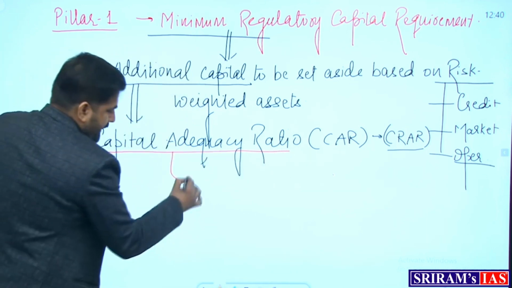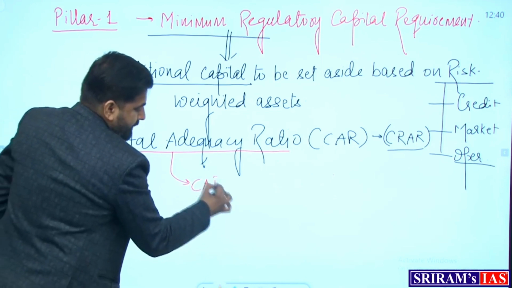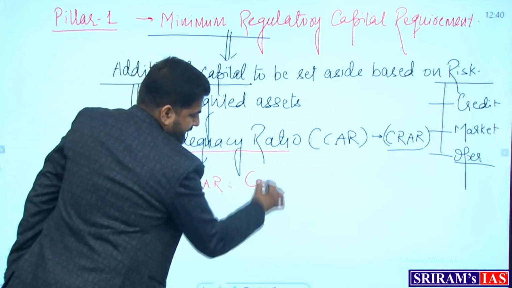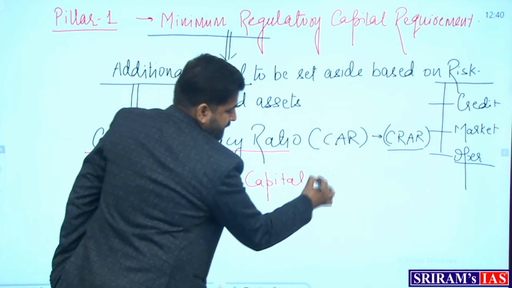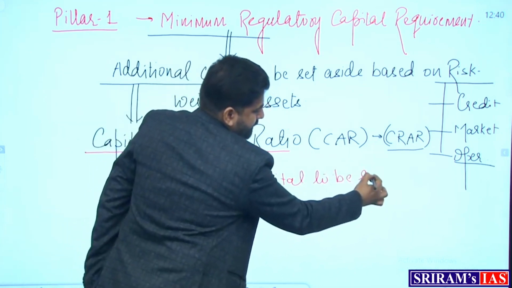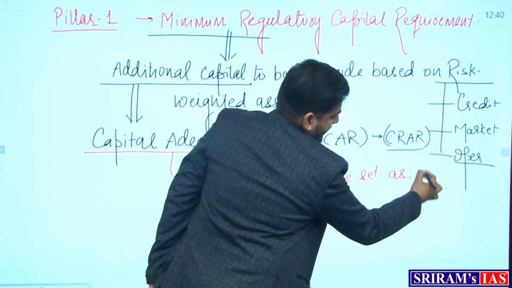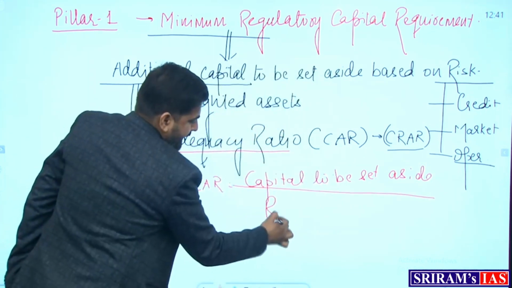Try to understand. CAR equals capital to be set aside divided by risk weighted asset.